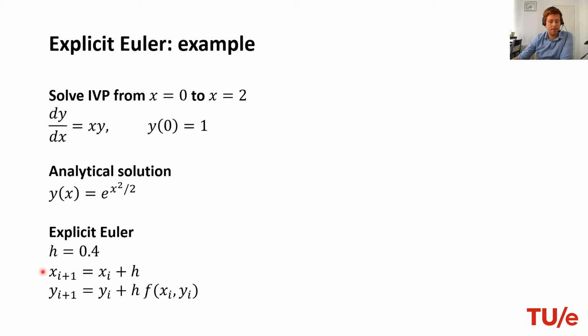We partition the x-axis up into points which are equally spaced with h, and the sequential updates of the solution follow this rule: we update the solution in step i plus 1 from the solution in step i plus h times the slope evaluated at xi and yi.